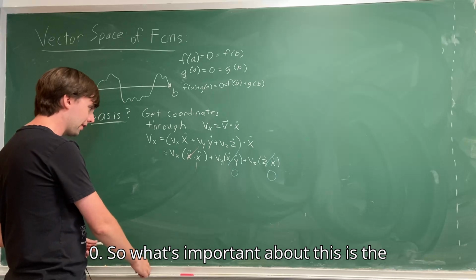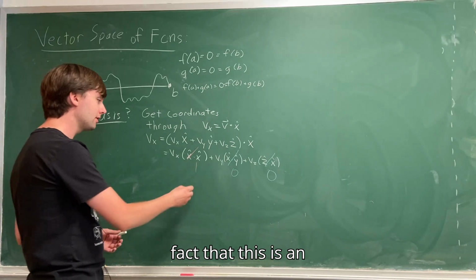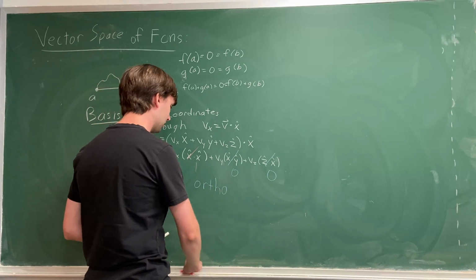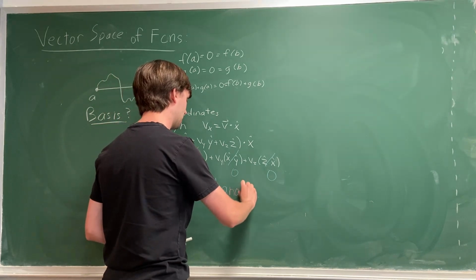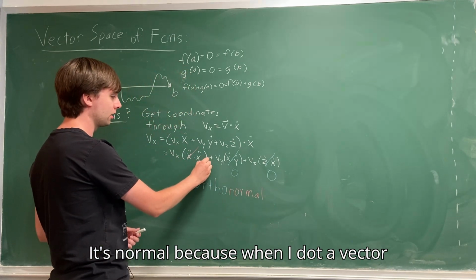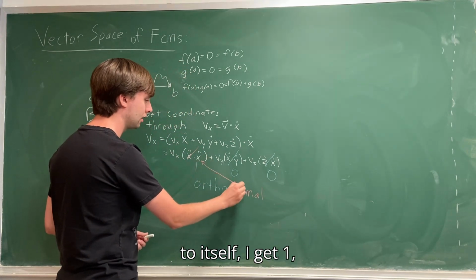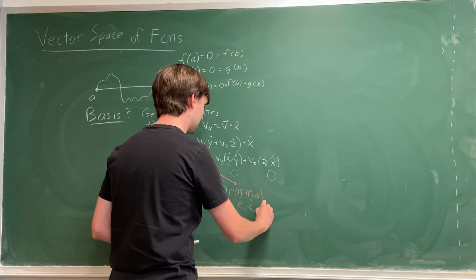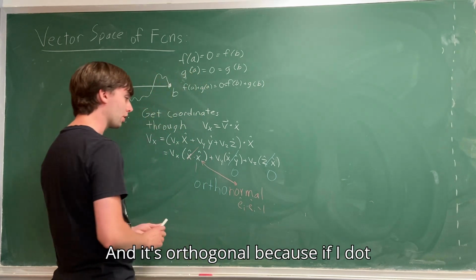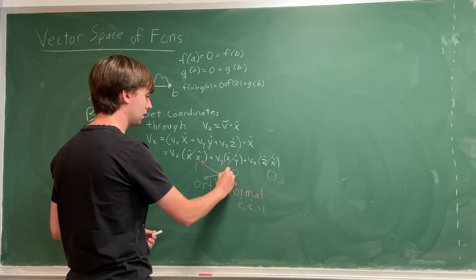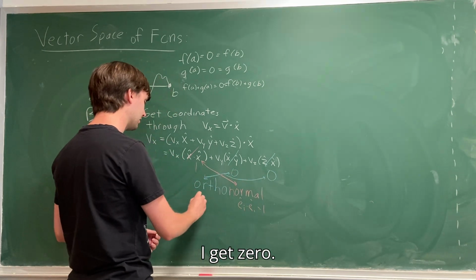So what's important about this is the fact that this is an orthonormal basis. It's normal because when I dot a vector to itself, I get 1. And it's orthogonal because if I dot different vectors together, I get 0.